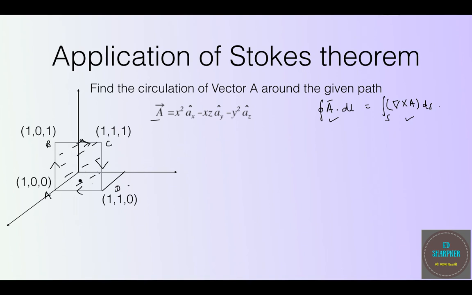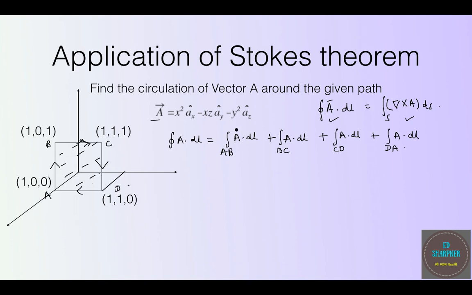You need to remember that while computing the line integral, we can split the line integral for the contour as A dot dl for path AB, plus A dot dl for the path BC, A dot dl for the path CD, and A dot dl for the path DA, which closes the contour.